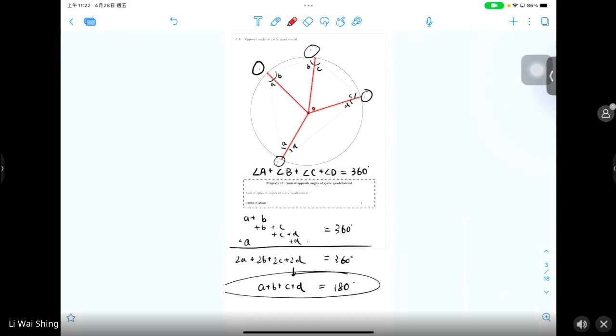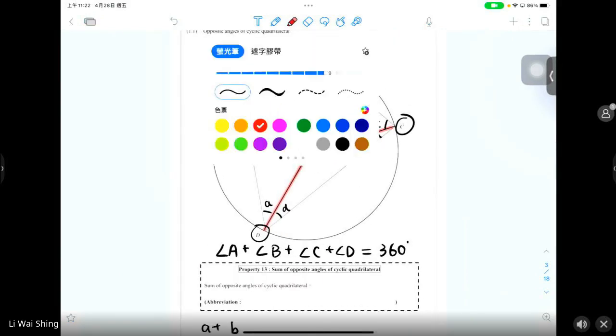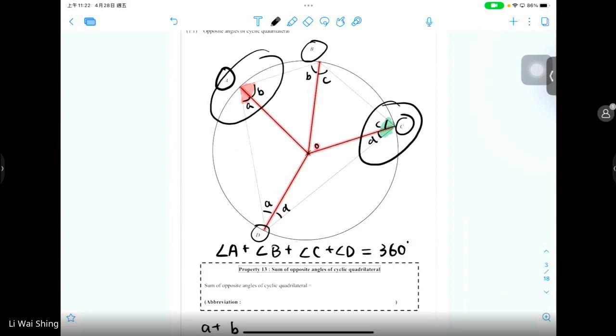Where is A plus B? A plus B is here. Where is C plus D? C plus D is here. That means the sum of these two angles would equal to 180.